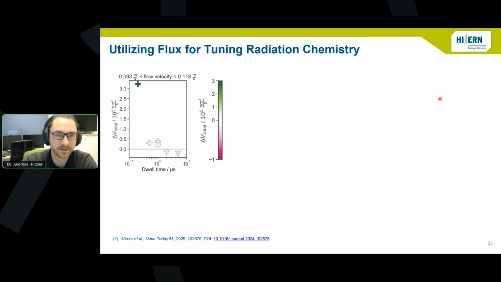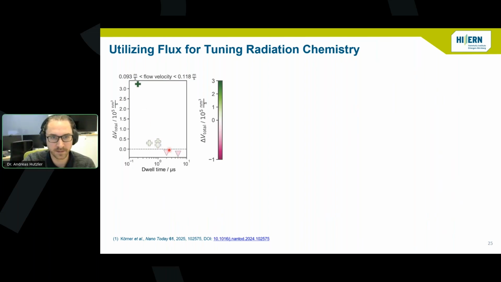Then looking at the flow. Here we had a flow of roughly 0.1 meters per second. And when changing the dwell time, we see at very low dwell times, we have a high growth velocity or growth rate, and then the growth rate drops.